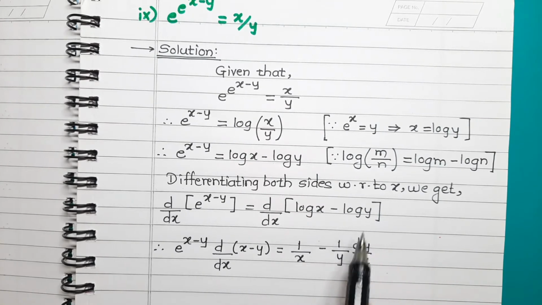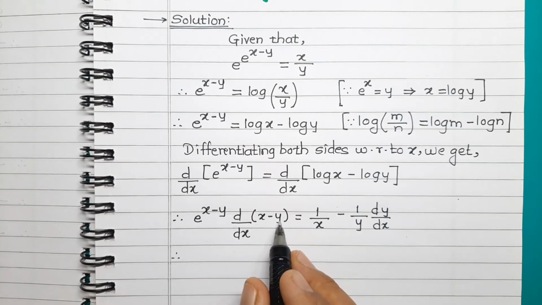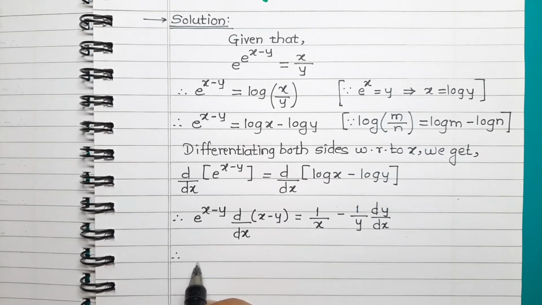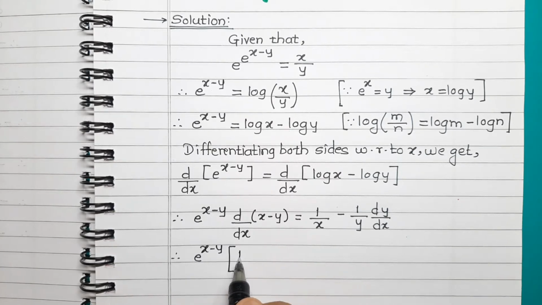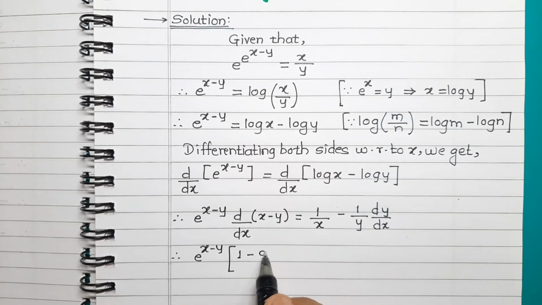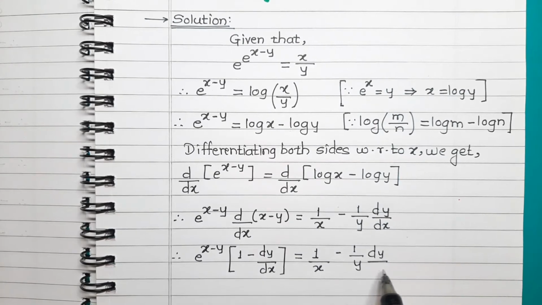So the derivative of log y is 1 upon y dy by dx.